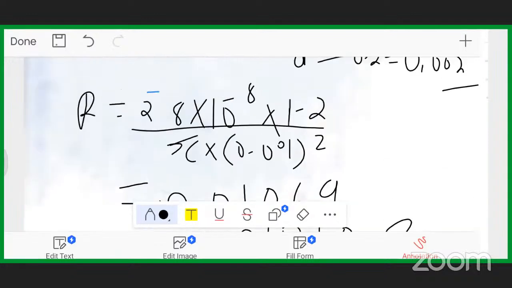Before we call it a day, now we have the idea of resistors and resistor networks. We have no option but to begin from there next time because it's a very critical area. Is that okay?